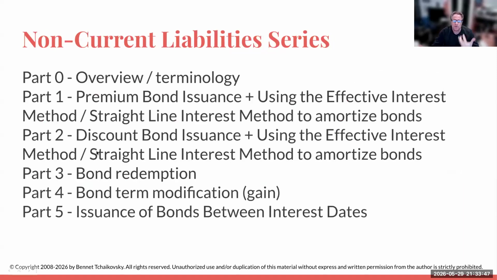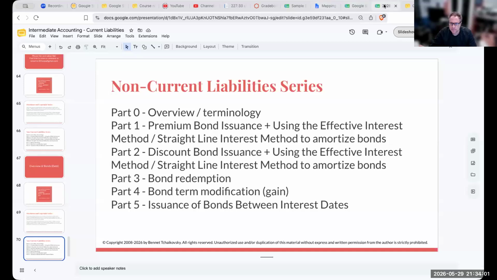So we're now going to go through this, and this is kind of a quasi lower division financial accounting, intermediate accounting with the effective interest method. But let's go ahead and get going on this part here.